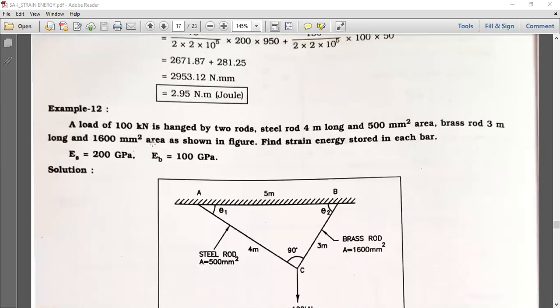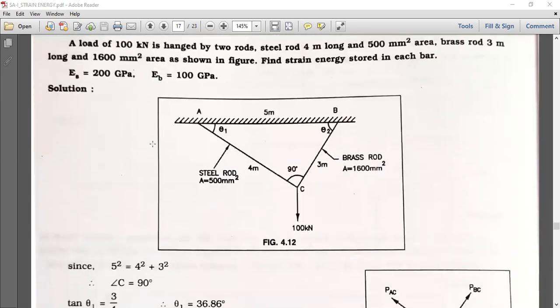Let us see another example. A load of 100 kilonewton is held by two rods: a steel rod which is 4 meter long and 500 square mm area, and a brass rod 3 meter long and 1600 square mm area, as shown in the figure.